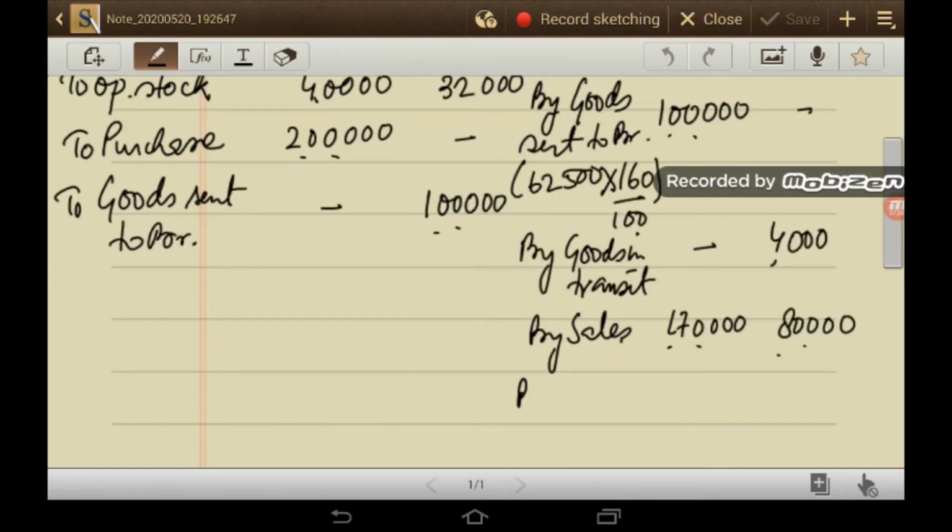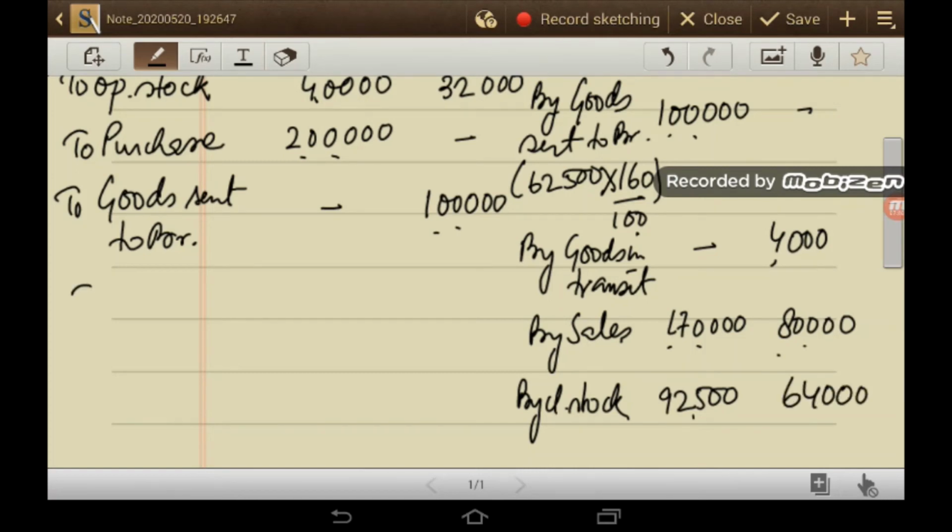Now I put the value of closing stock in the trading account. So in the HO column it will be 92,500, and at branch this will be 64,000.